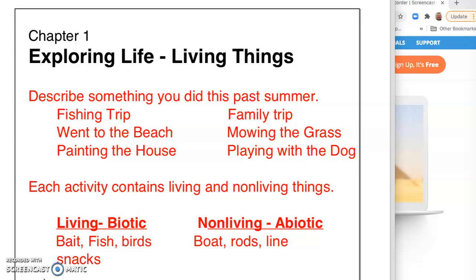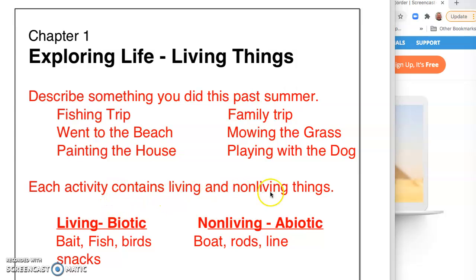All of these things are things that you can do because you are living. Each activity that you did contains some living things. If I went fishing, there were fish in the lake. There are organisms in the lake, like minnows, that feed the bigger fish. We have bait fish, birds, and different types of organisms that live in the lake, like snails and things like that.